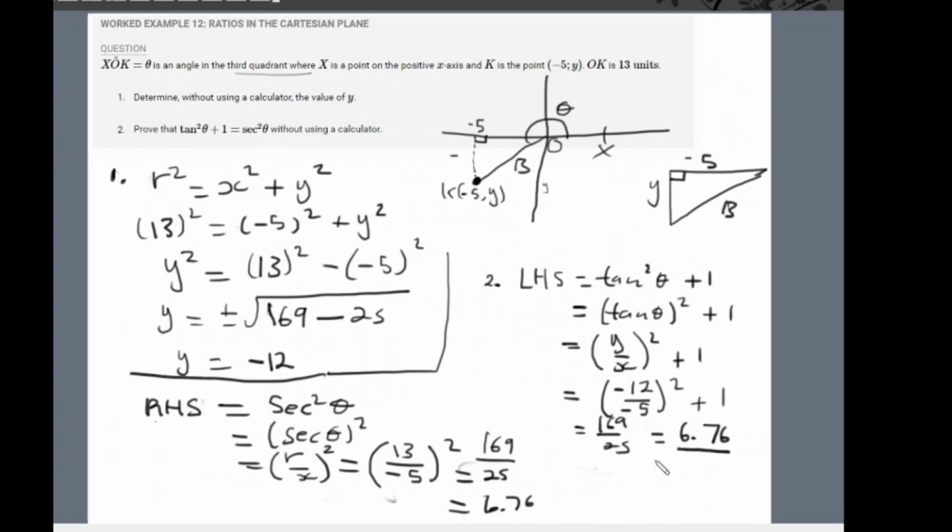Therefore the left hand side is equals to the right hand side. So we have proved this one.